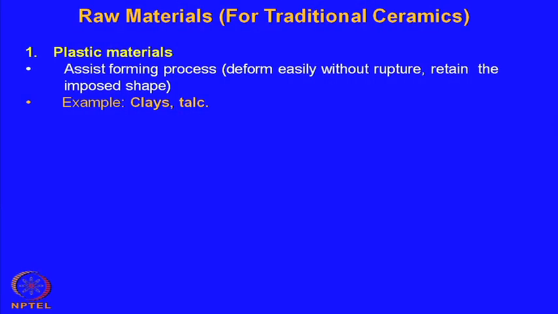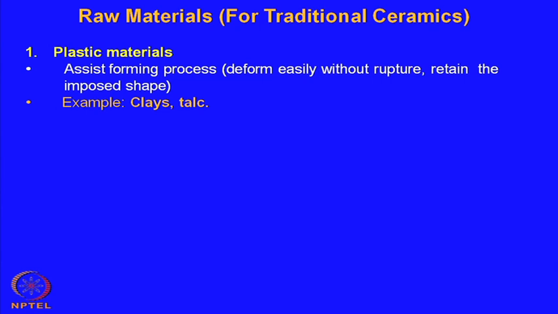However, there are only specific types of raw materials which produce this kind of plasticity, and they are called plastic materials or plastic raw materials. All ceramic materials do not give rise to this kind of property, that also we will discuss. So, it is the clay minerals which normally give rise to this property and they are called plastic materials.